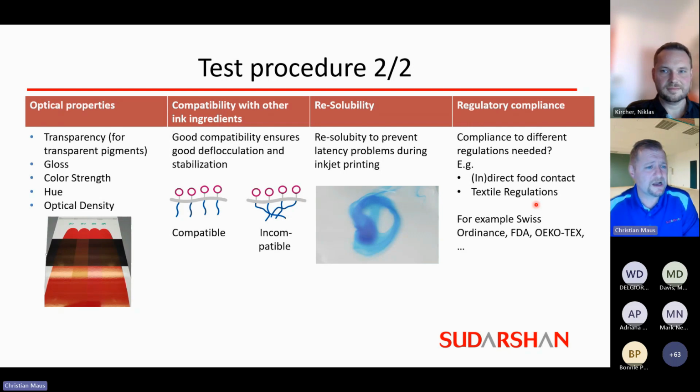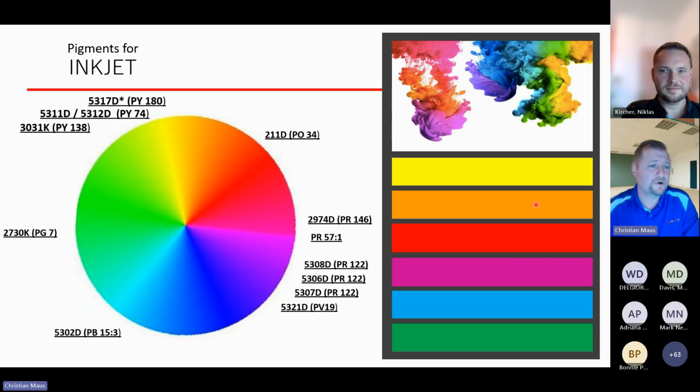And next slide, here we come already to our products. These are the pigments for inkjet we are offering you. On the color circle, you will see a more or less complete portfolio, which we built up over the last years to dedicate to this market, with the known pigments, mostly pigment red 122 as the magenta.